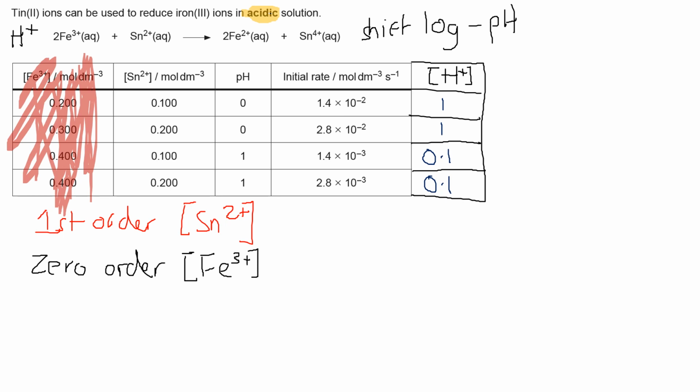So I'm going to look at experiments 1 and 3, where the concentration of the tin is constant and the concentration of the H+ goes from 1 to 0.1. So that's dividing by 10, and as a consequence the rate goes down by 10 as well. So therefore it must be first order with respect to H+.